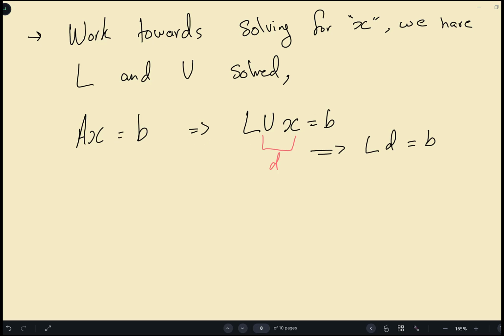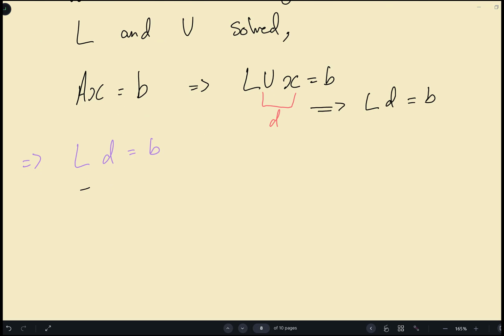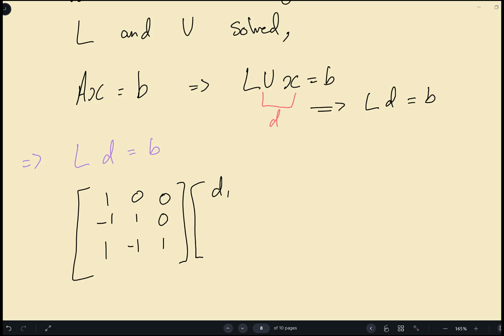So from here, we start off with Ld equals b. Then we plug in our lower triangular matrix, which is 1, -1, 1, 0, 1, -1, and 0, 0, 1. The d matrix is something that's unknown, so we can write d11, d21, and d31.